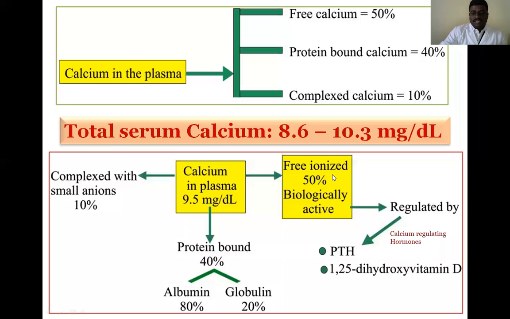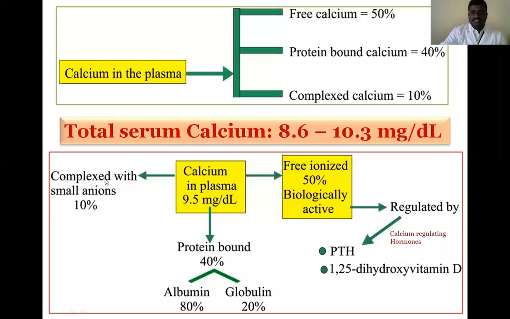Free ionized calcium is called biologically active calcium. This biologically active calcium is regulated by the calcium regulating hormones, especially parathyroid hormone and active vitamin D. Next, 10% of the calcium is complexed with different anions.